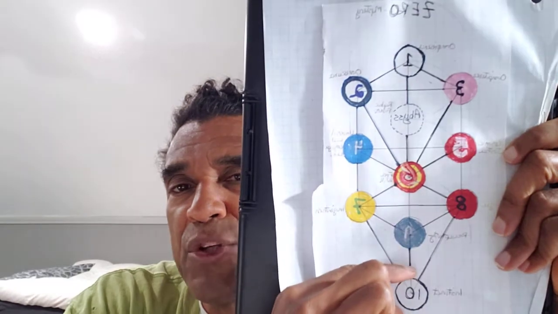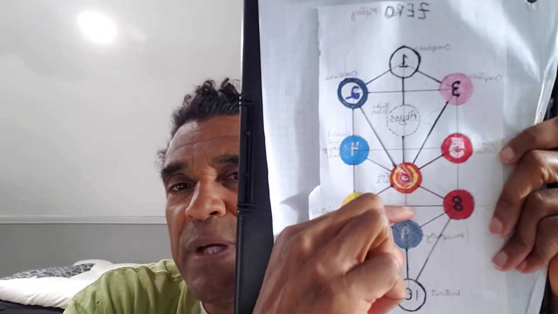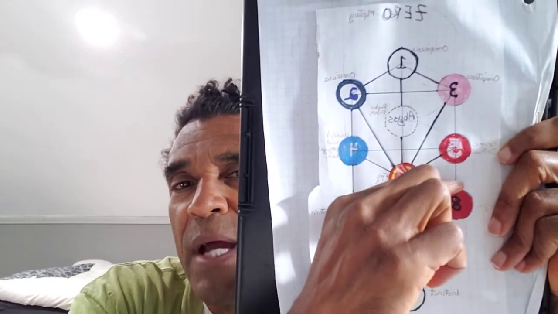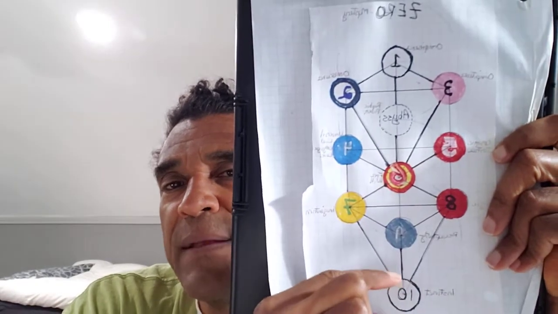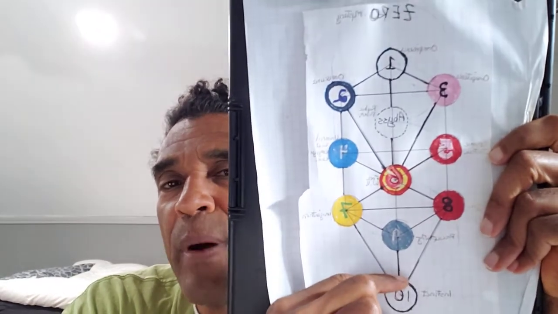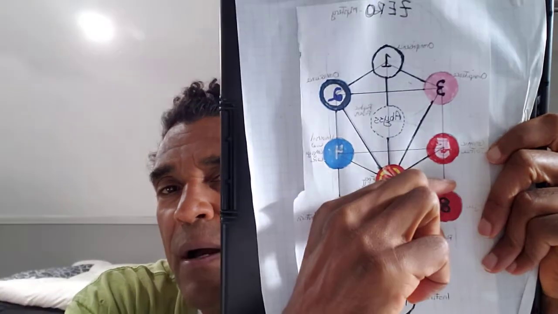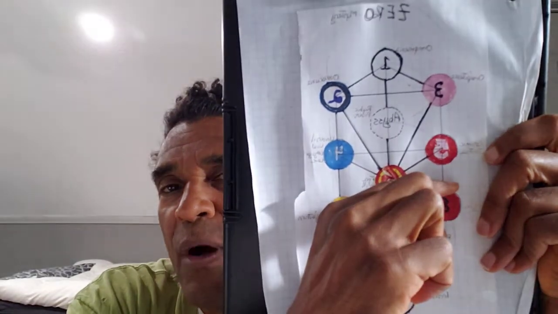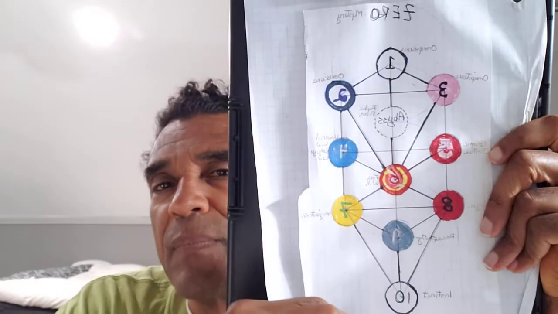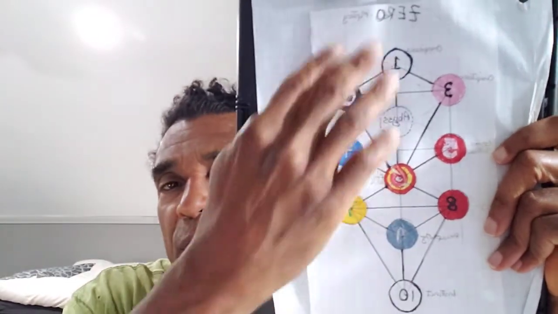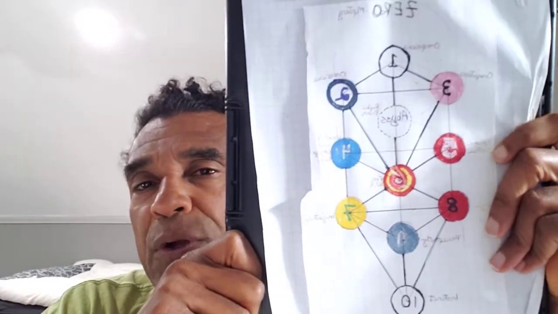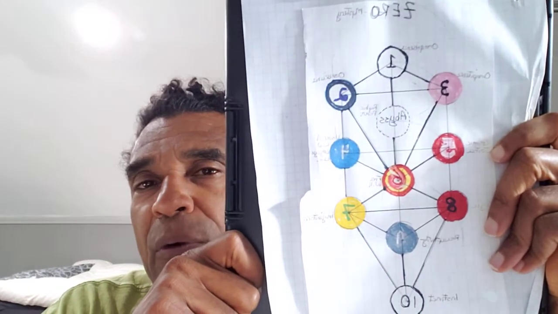So we put a tree on the 10th sphere, then we put a tree on the 9th sphere, we put a tree on the 8th sphere. So we're dividing the 10th sphere up into 12 parts. We're dividing the 9th sphere up into 12 parts. We're dividing the 8th sphere up into 12 parts. And so on, for a total of 144. 12 times 12 is 144.